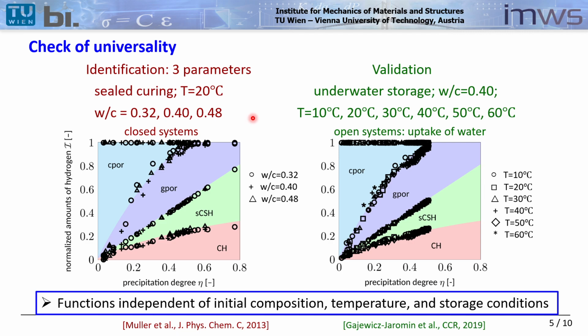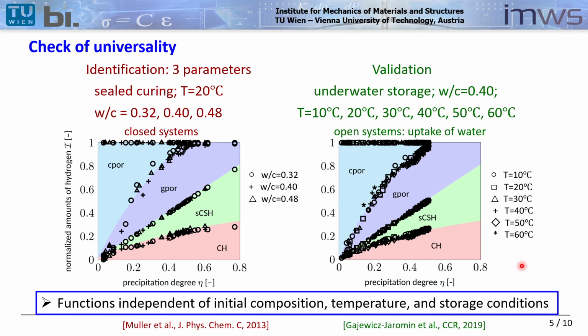And these parameters were validated using samples cured in different conditions, this time underwater, with different temperatures. As we can see, the evolution of these quantities as a function of the precipitation degree is independent of the initial composition, temperature, and the storage condition.